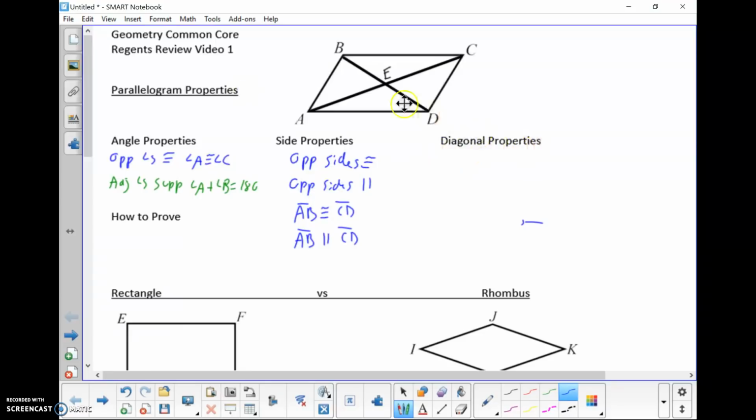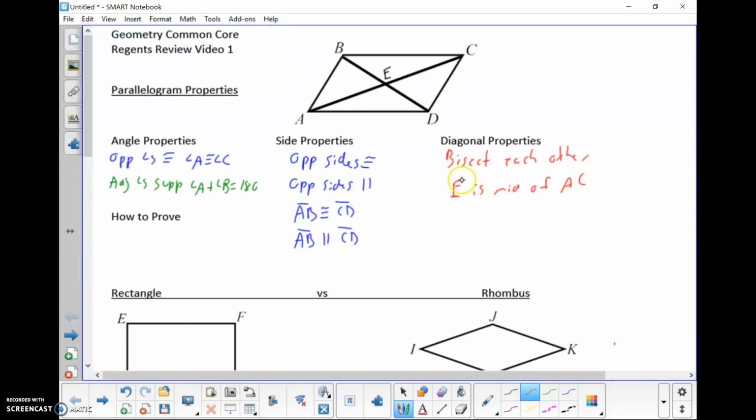But the major diagonal property of a parallelogram is that the diagonals bisect each other, meaning that they're line bisectors. Like, for example, E is the midpoint of AC.